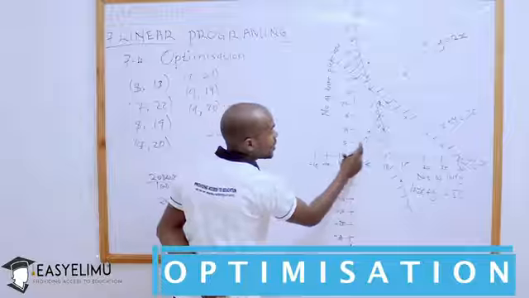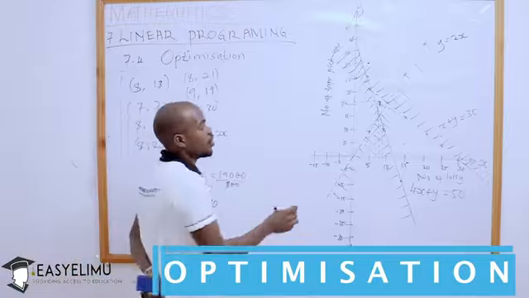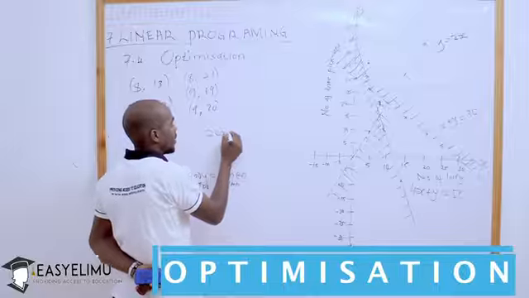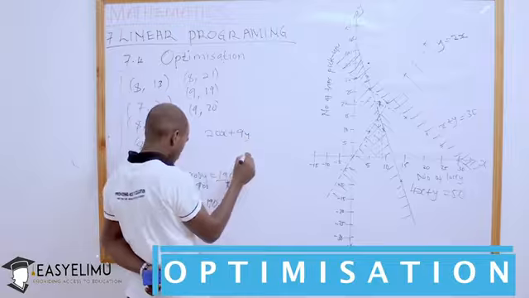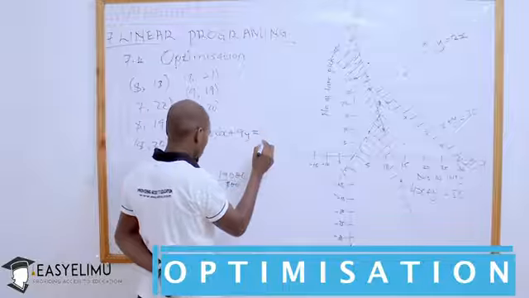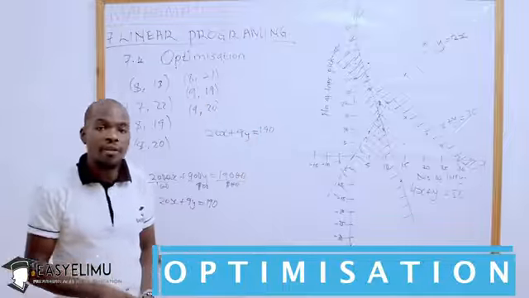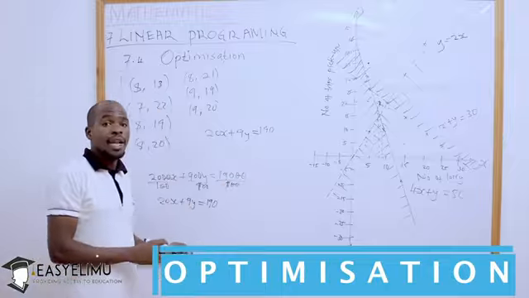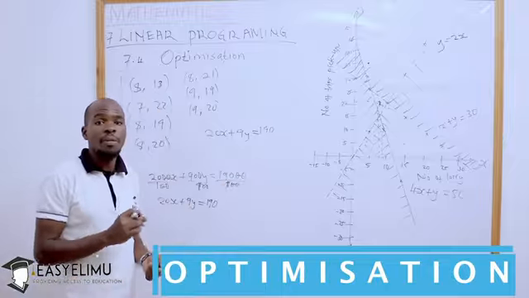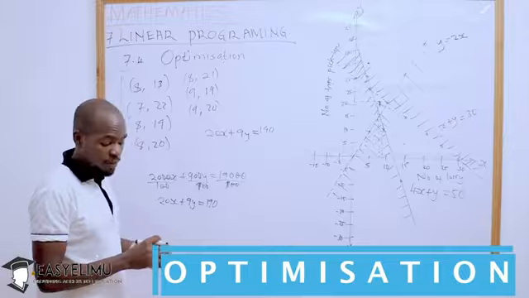Since this line is outside the region, we shall say 20x plus 9y is equal to 190. So we shall use this line, which we form from that linear inequality, and that line will help us to find the minimum value or the maximum value that the contractor will spend.